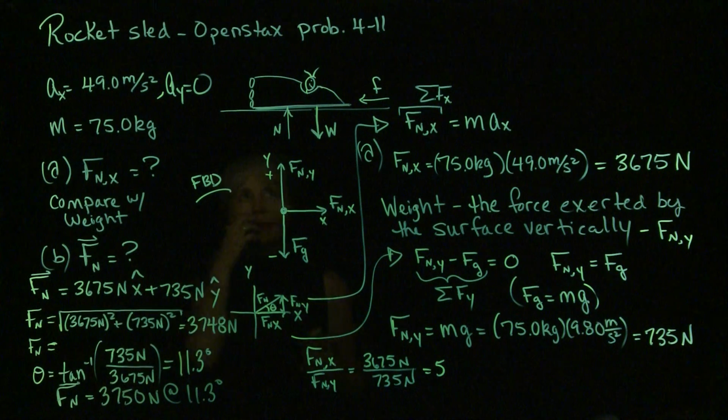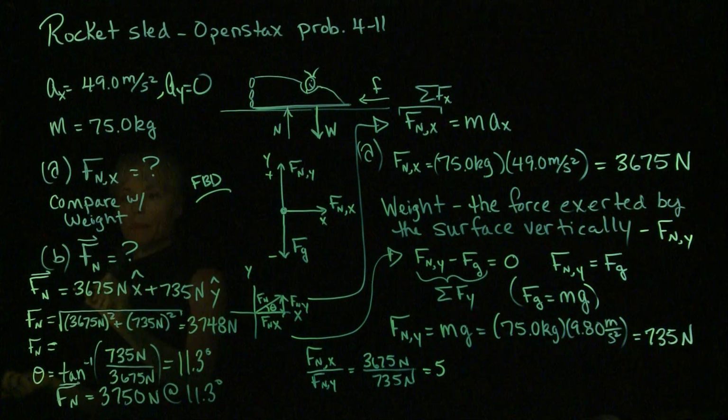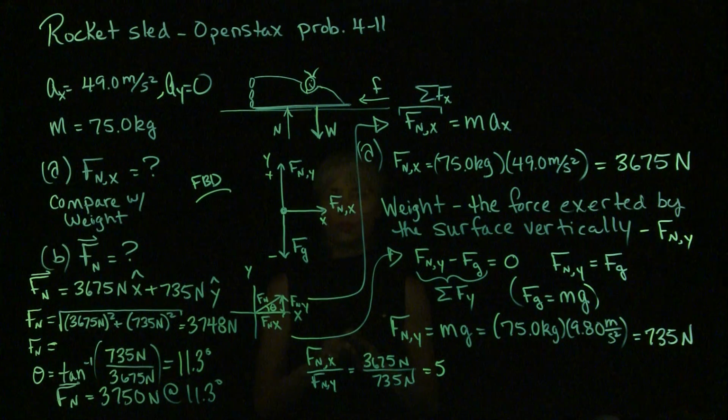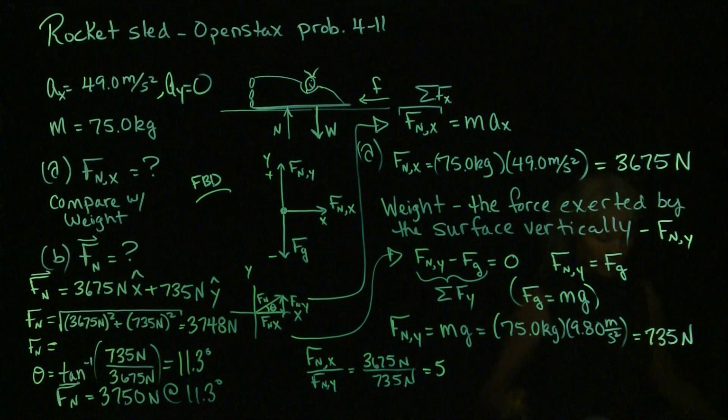So here's an example of how to work out a problem and be able to use a lot of the principles that we have been looking at so far this semester. So we'll see you next time.